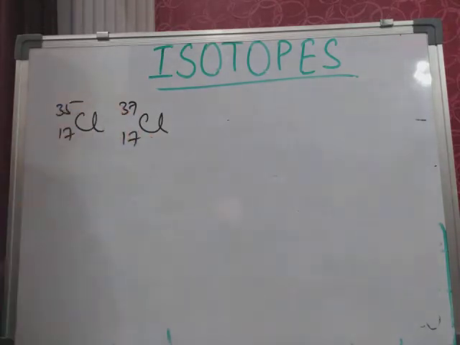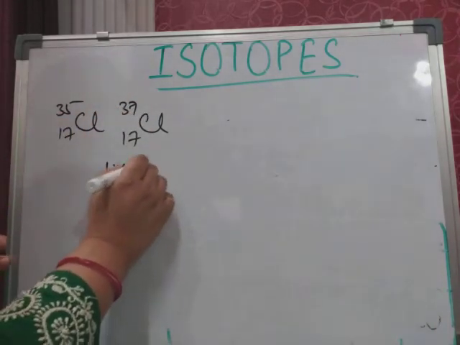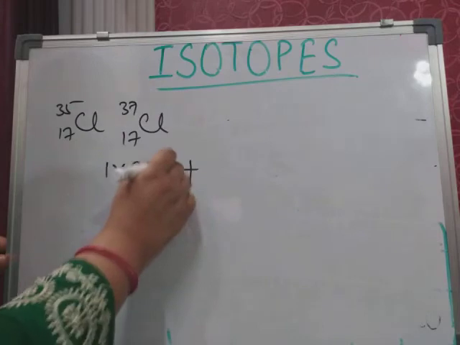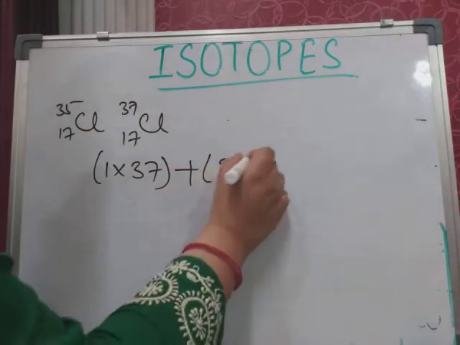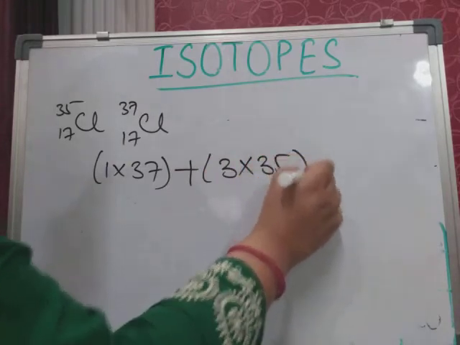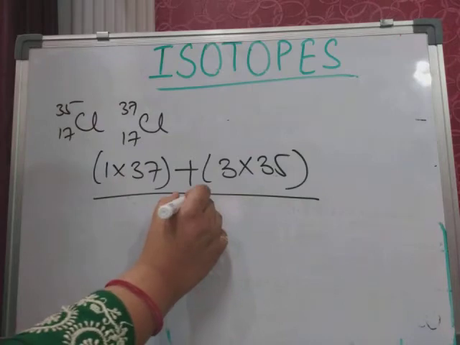If one part of this is present, it means 1 into 37 plus 3 parts of this, 35, are present: 3 into 35, whole upon how many in total? 3 plus 1, that is 4.